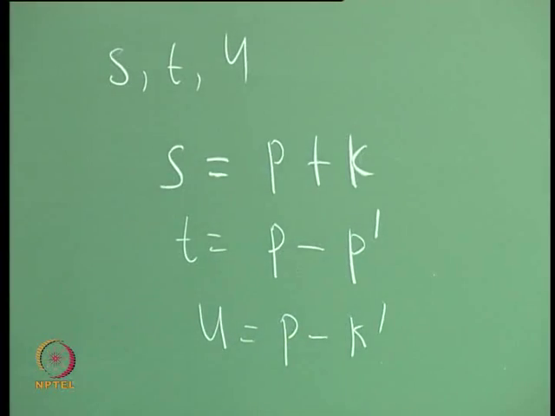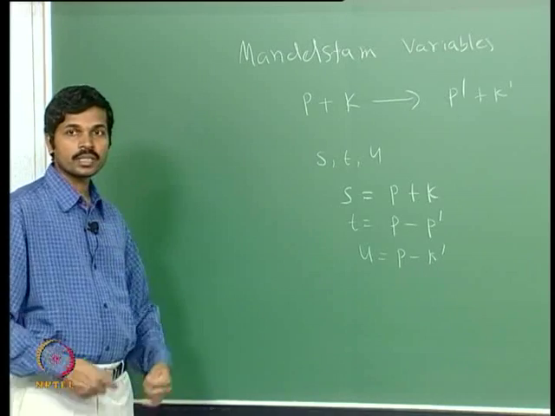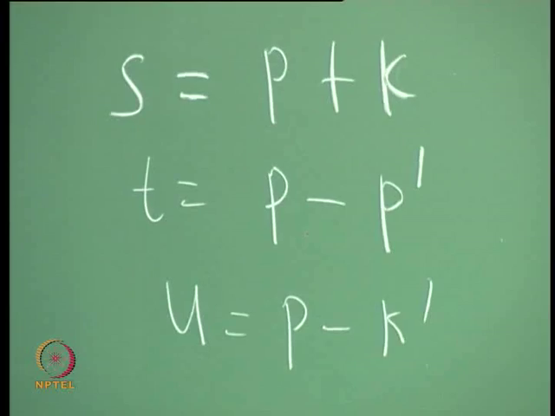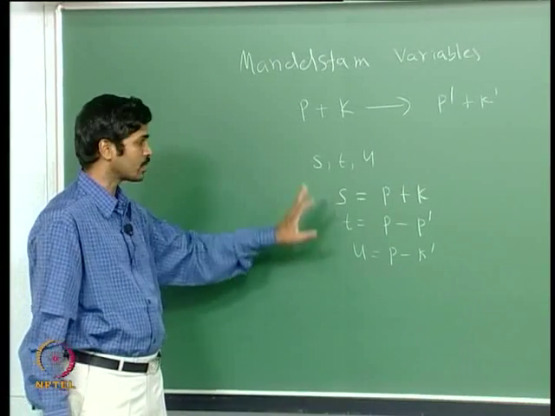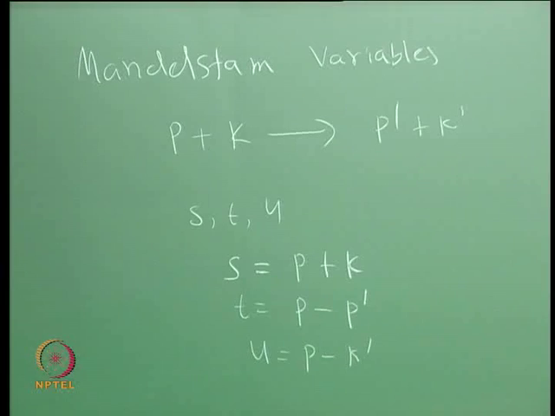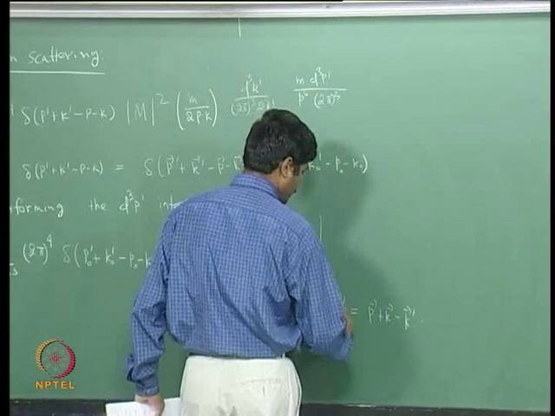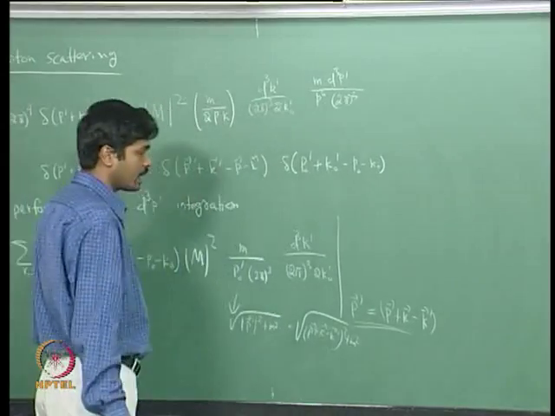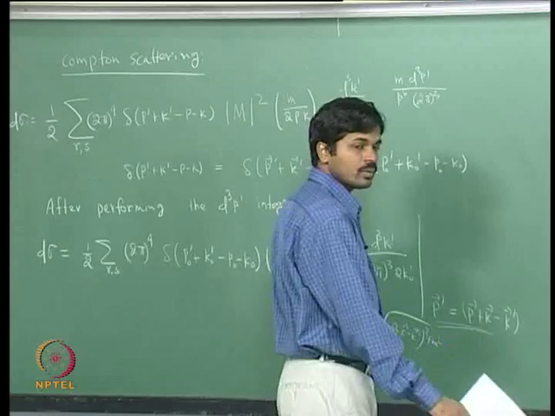These are known as the Mandelstam variables, and it is quite convenient to express the cross section in terms of these variables and to do the calculations using these variables. So you need to keep in mind that the value of p prime is no longer an independent variable, it is this value.